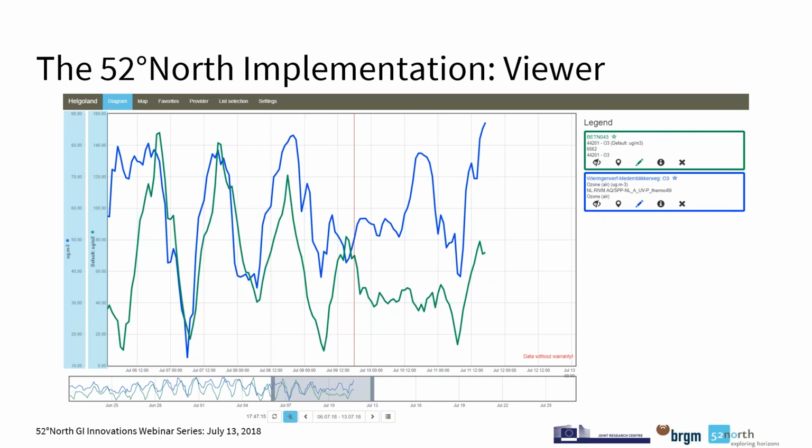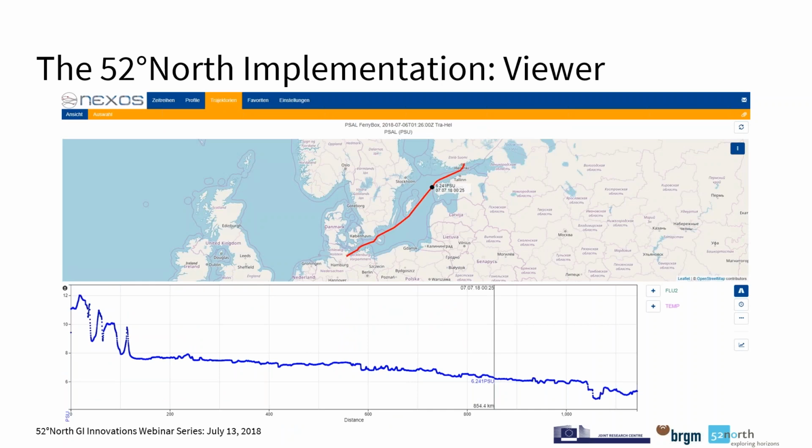So here we have ozone measurements from the Netherlands in blue and the Belgium data in green, and from two randomly selected stations in these countries. And there you can get near real-time data comparing such environmental phenomena thanks to the interoperable standards that are applied here.